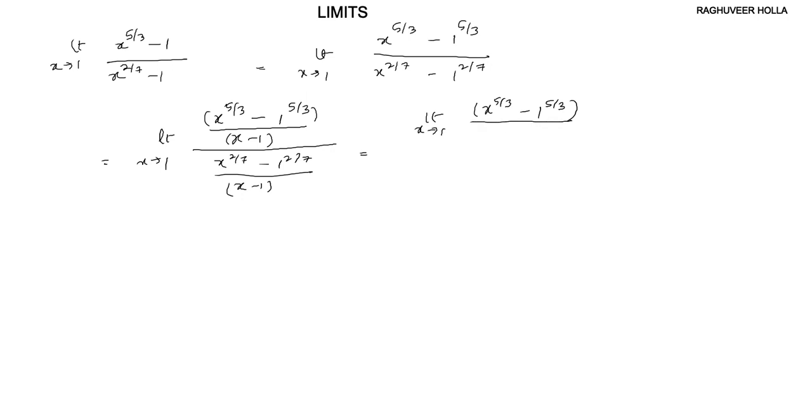Okay, for this it is (x to the power of 5/3 minus 1 to the power of 5/3) divided by (x minus 1).